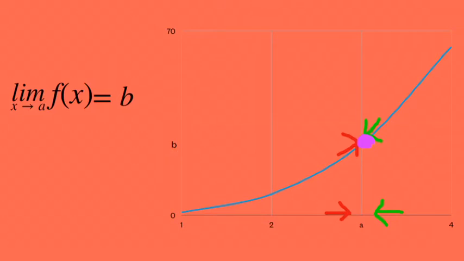Well, in this case, that's b, right? So it equals b, which is a real number, but b is not always going to even exist. This limit sometimes doesn't exist.